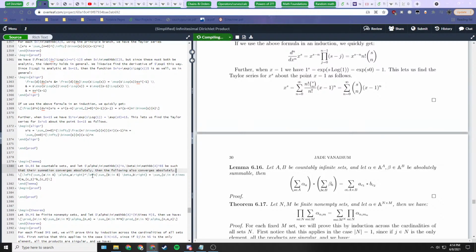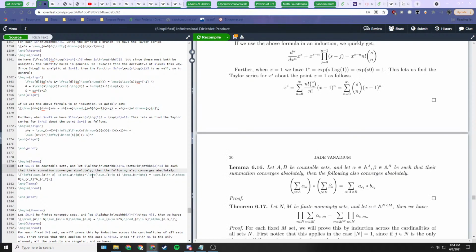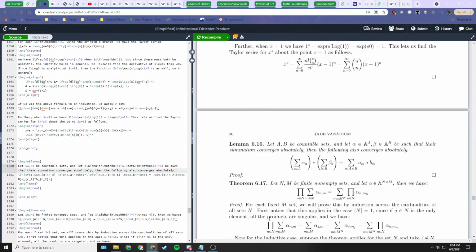Okay, let's see if we can do it like this. Oh, we can also do ordered pairs.